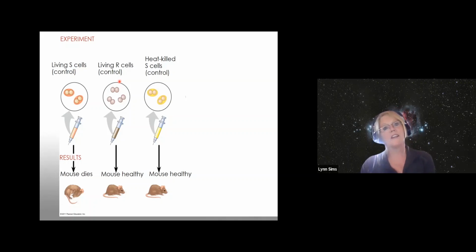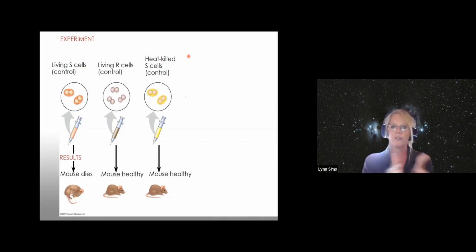Then he killed the S cells, and this is an example of a control as well. It was already known that heat killing, applying very much heat so that it breaks down the cells, and then injecting the mice, they would still survive that. So the heat-killed S cells, which are the pathogenic form, were killed so they cannot cause disease.